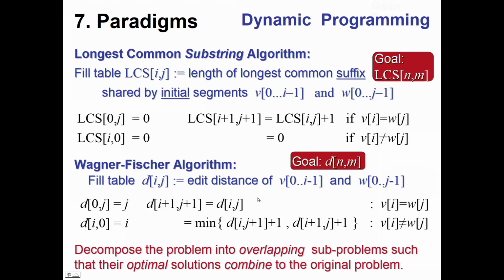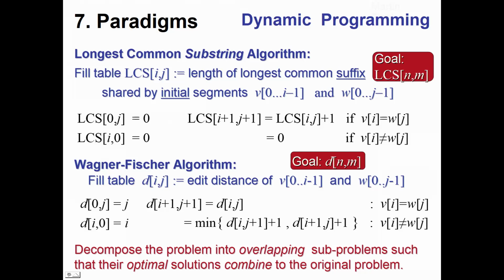Generally speaking, the idea underlying dynamic programming is to decompose the original problem into overlapping subproblems. Maybe this is an essential difference to divide and conquer, where the subproblems are preferably independent so that they can be solved recursively.